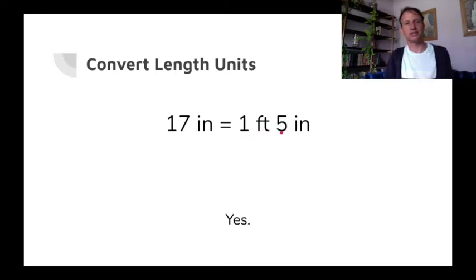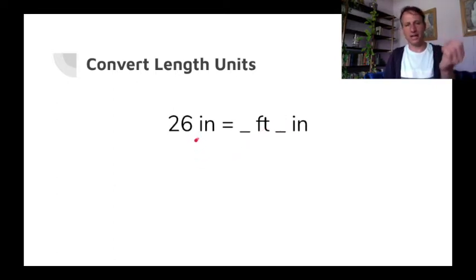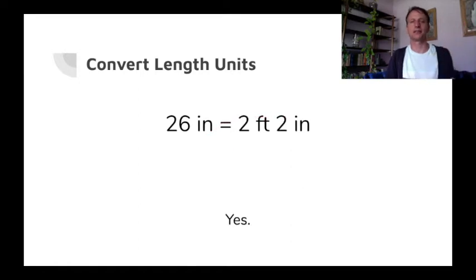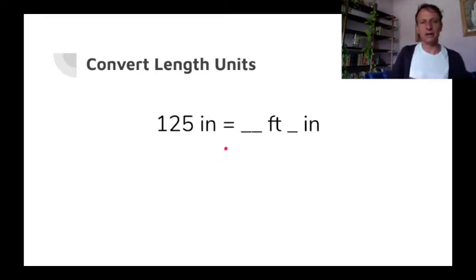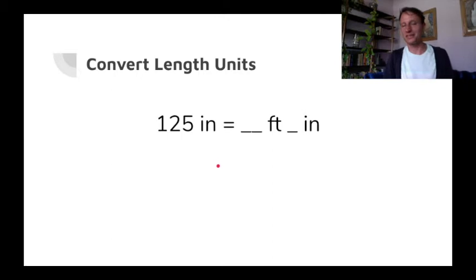1 foot, 5 inches. All right, so now divide by 12. 12, 24. Okay, so there's 2 feet in there with how many inches left over? 2 inches left over. Very good. All right, now there's another one where it looks like it's going to be tough, but I'm showing you that you could actually do this stuff in your head.